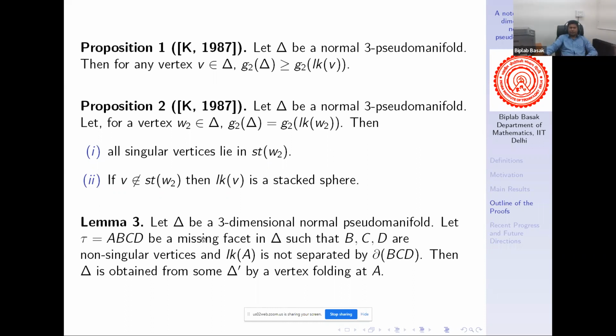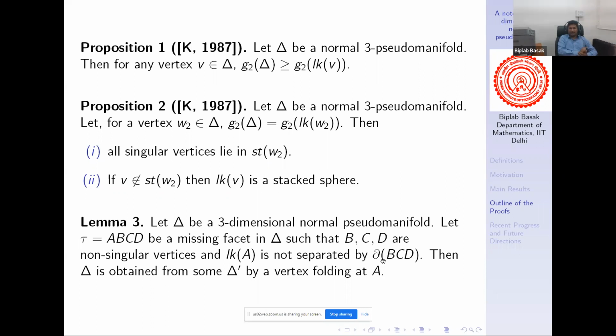So suppose ABCD is a missing tetrahedron in delta, such that B, C, D are non-singular vertices, that means the links of B, C, and D are just spheres, and the link of A is not separated by this arc.